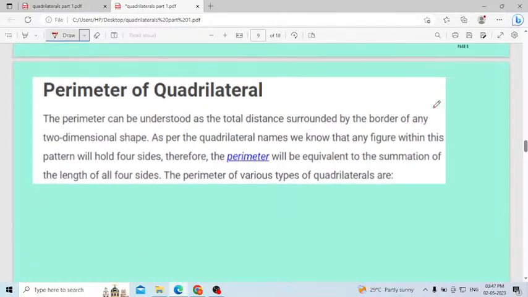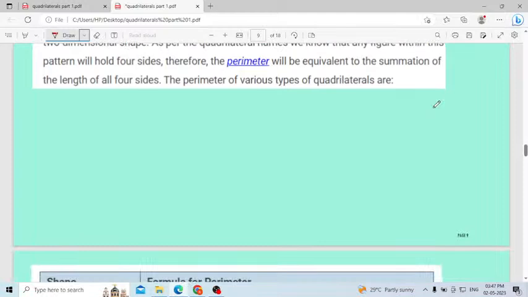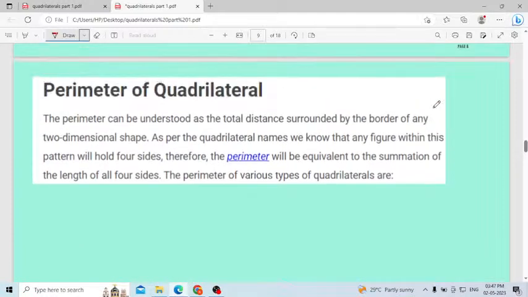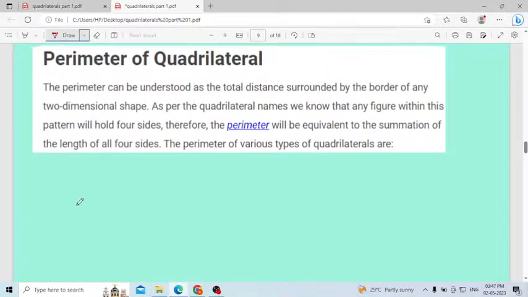Okay. Then perimeter of a quadrilateral. What is meant by a perimeter? See, if I consider any quadrilateral, like a parallelogram, anything, A, B, C, D. Perimeter means the measurement of the length of the outer boundary. The perimeter can be understood as the total distance surrounded by the border of any two-dimensional shape.